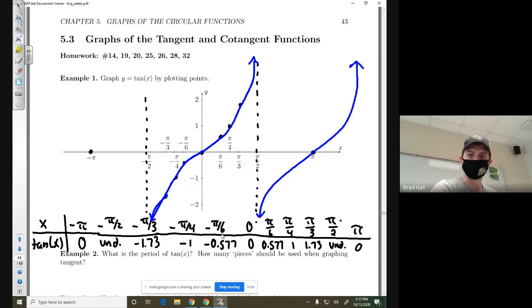Really the shape should look like this. And the next asymptote would be at, well, 3 pi over 2. And then the same thing over here.